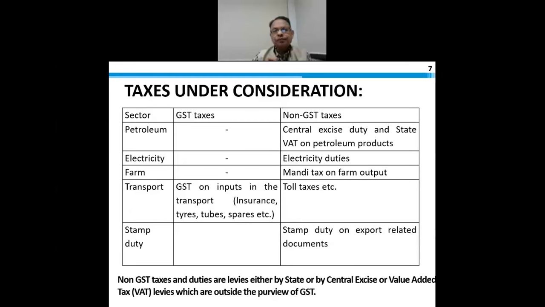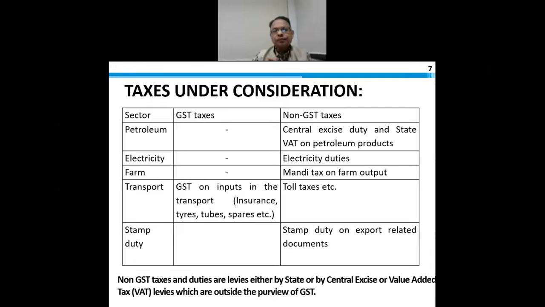So petroleum taxes is one of the major issues in calculation of RoDTEP. Electricity duty in products like ceramics: the cost of electricity duty is pretty high because the electricity consumption cost in ceramic products is close to 30%.